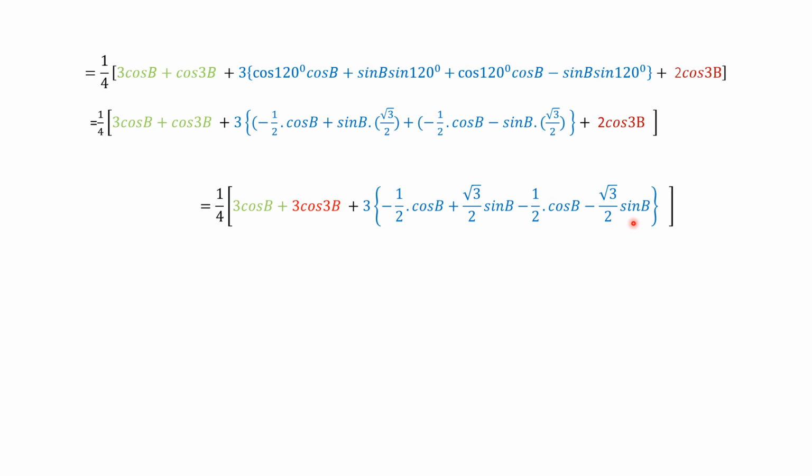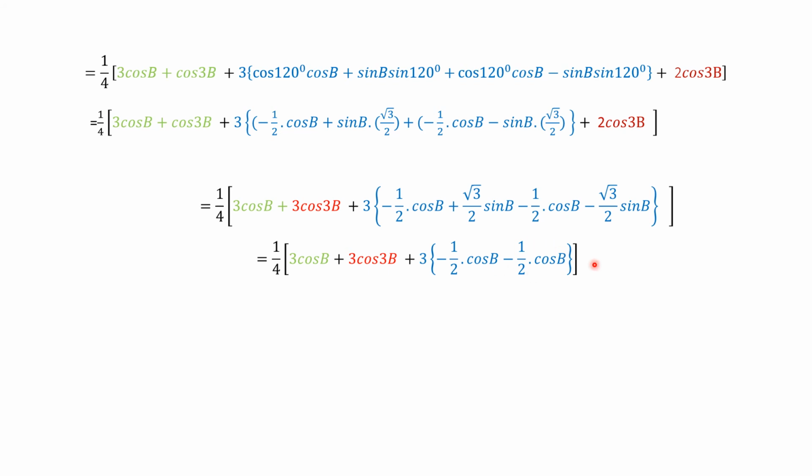Now in the next line, you can check over here, root 3 over 2 sin b, and here is also root 3 over 2 sin b. We can cancel them, isn't that so? So we have cancelled, and ultimately we are left with this, and here we are left with minus 1 over 2 cos b, and here minus 1 over 2 cos b.